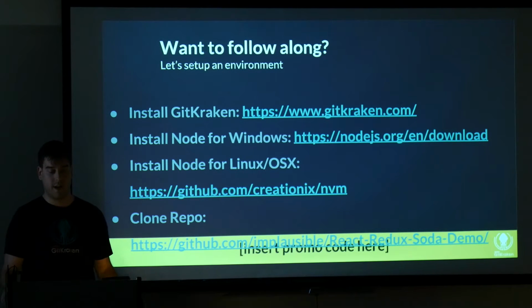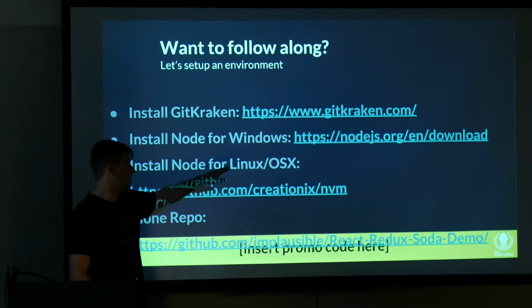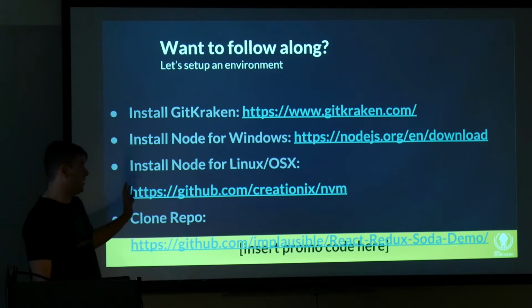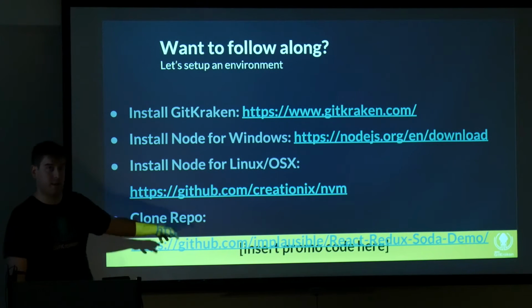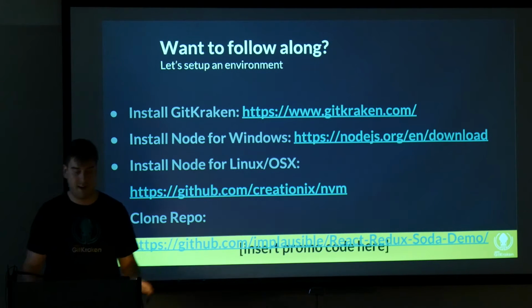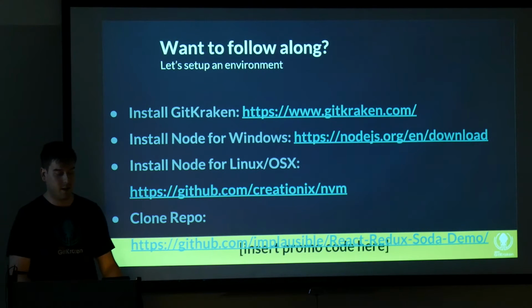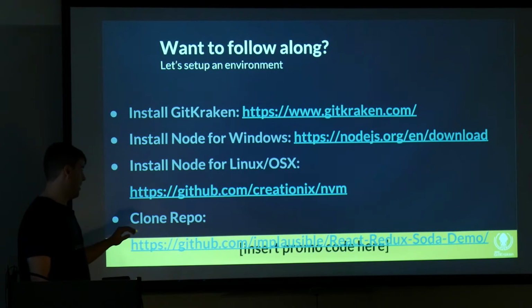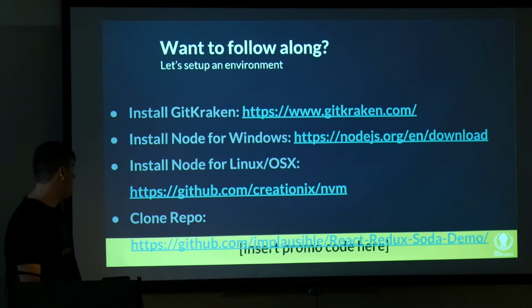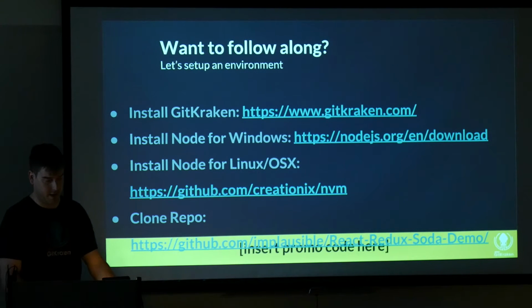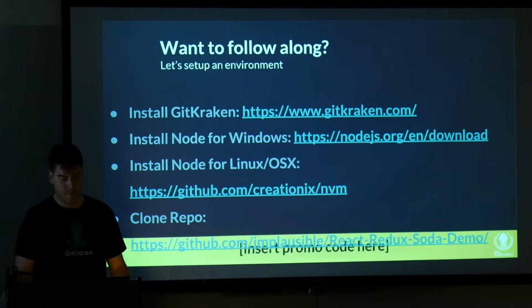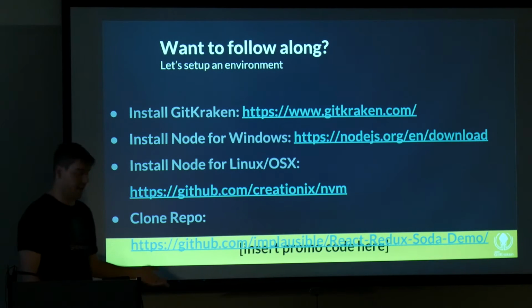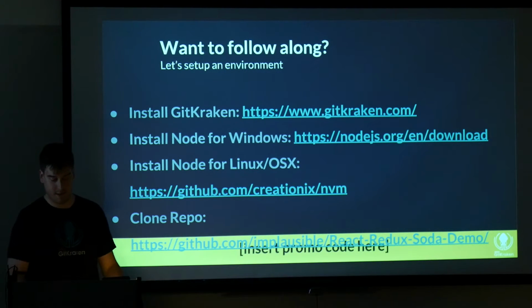We're going to be using Node, and you can install that on Windows at nodejs.org, and you can install that on Linux and OS X from the NVM repository. And we'll be working with a repository, didn't scale too well there, so you probably won't be able to see that. We'll post a link to it in our video. It's github.com/implausible/Redux soda demo.